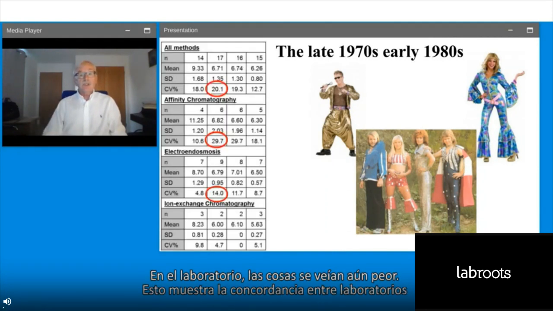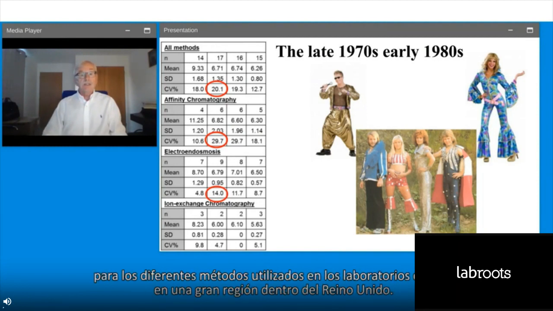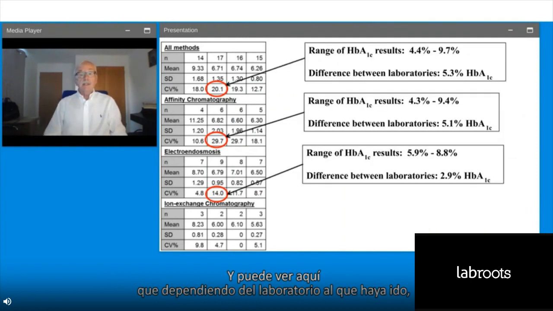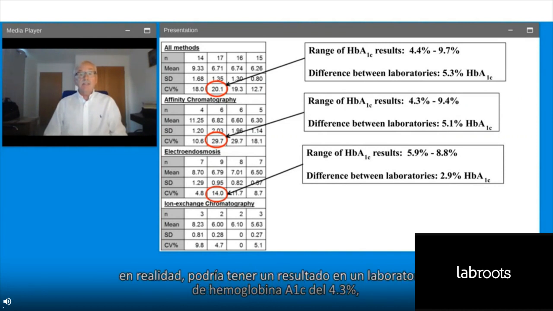This shows here between laboratory agreement for different methods used in the clinical laboratories in a large region within the UK. And you can see here that depending on which laboratory you went to, you could actually have a result in one lab of 4.3% hemoglobin A1C.